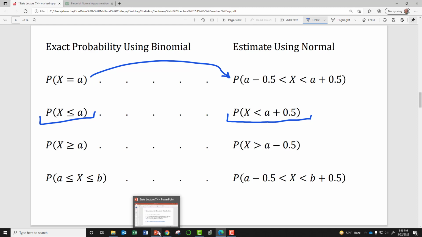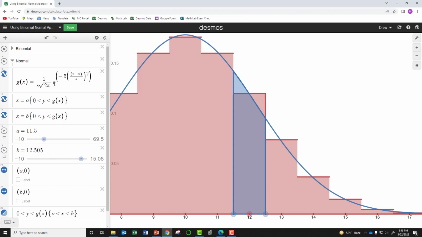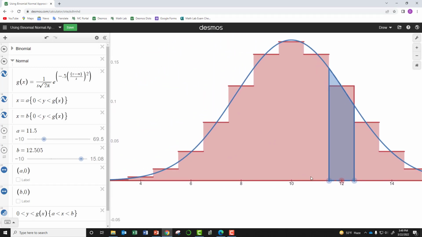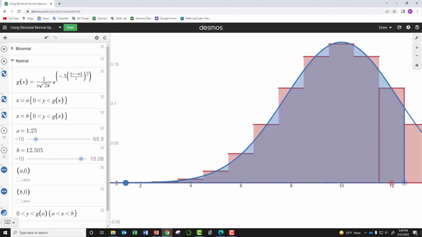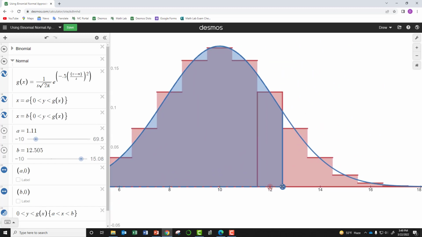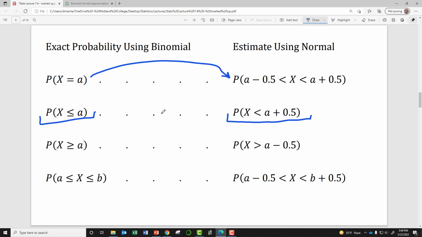So for the binomial distribution, if we want the probability that it's 12 or less, then what we should do is extend the lower bound all the way out to the left, of course, but then for the normal distribution, let's extend it out to 12.5, just so I capture the whole value for 12, right? And so that's what I mean when I say we're going up to a plus a half.